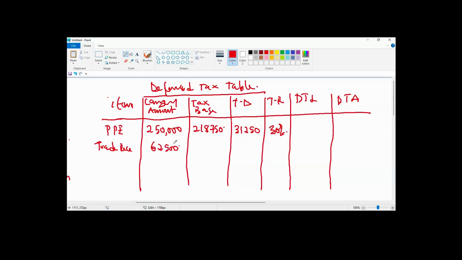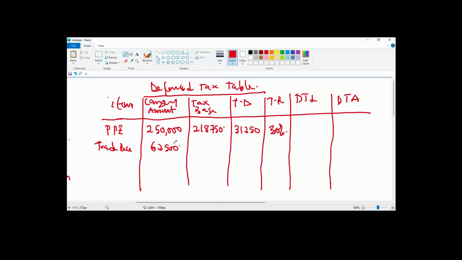What is the tax base? We don't have tax base for trade receivables. The tax base is 62,500.